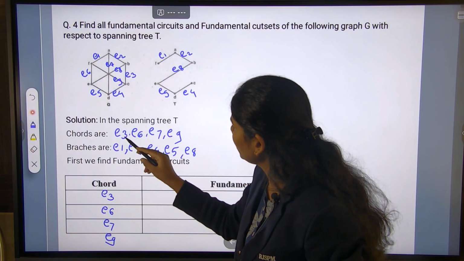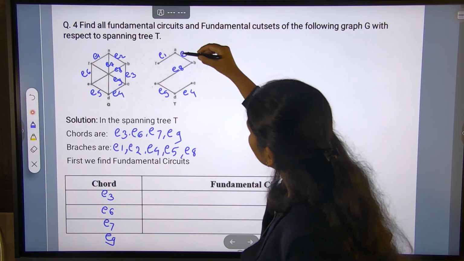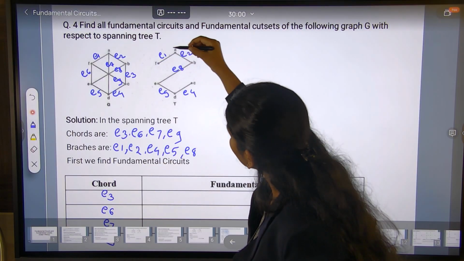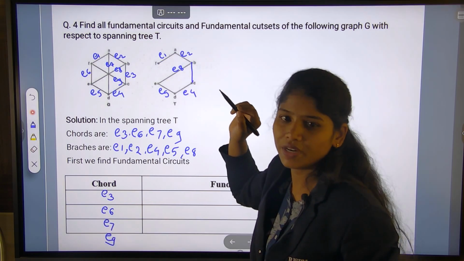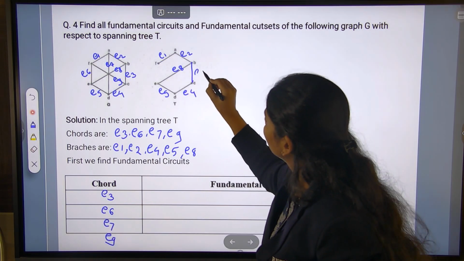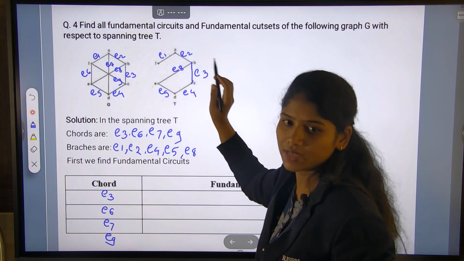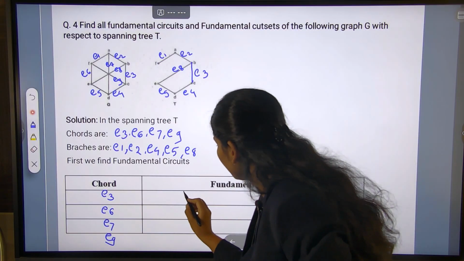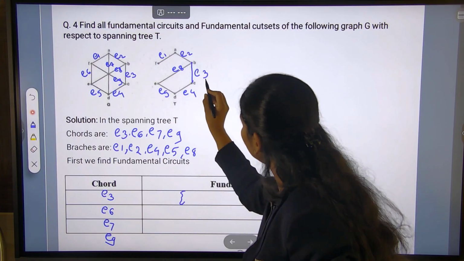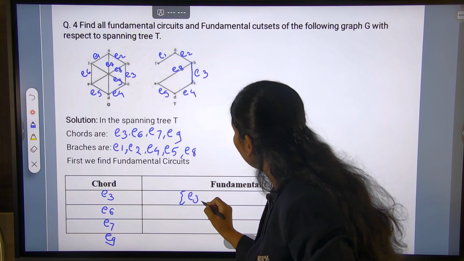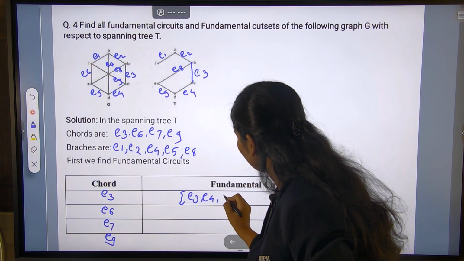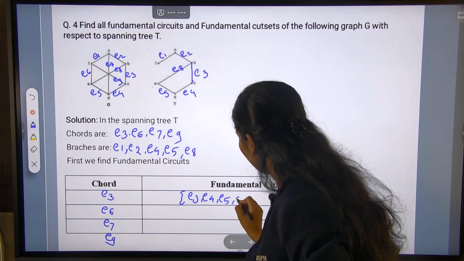If we draw E3, E3 is here. We get one cycle. So write down all the edges from that cycle. It creates the fundamental circuit. So E3, E4, E5, E8. Write down here E3, E4, E5, E8.